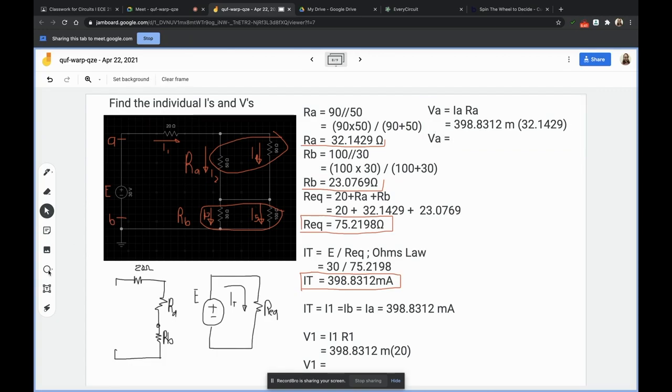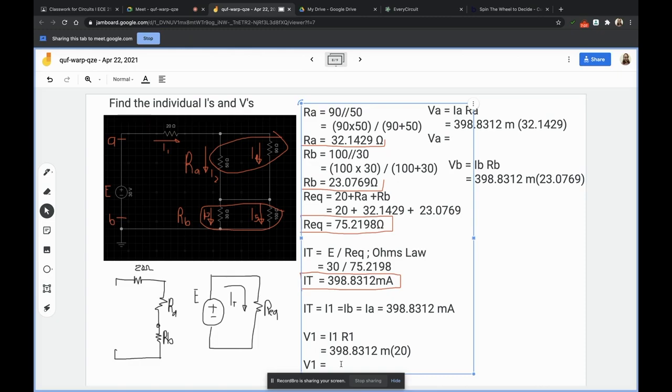And at the same time, for our VB, that is equal to IB RB times 23.0769. So then that means if you add V1 plus VA plus VB, it should be equal to 30 volts.